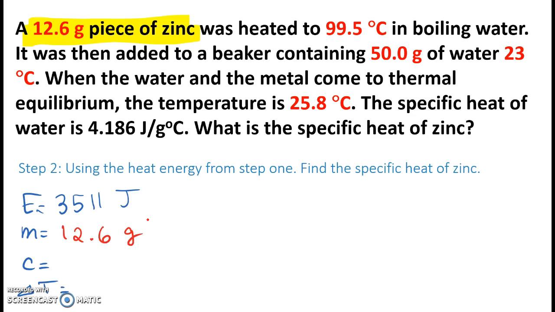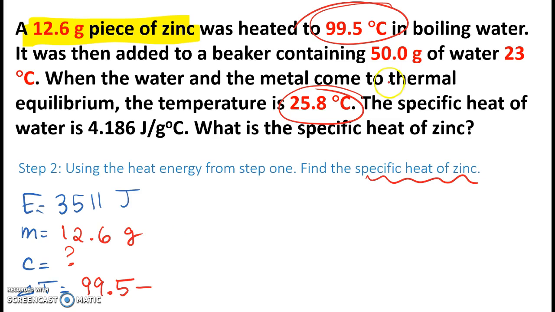Because in step 2, we're only worrying about the variables that apply to the metal. Our specific heat, that's what we're going to be trying to find in this part of the problem. And then change in temperature, we know that the initial temperature of the piece of zinc is 99.5, and then the final temperature of everything, that's what it means to come to thermal equilibrium. That means the temperature of both the water and the metal is the same, and that temperature is 25.8.